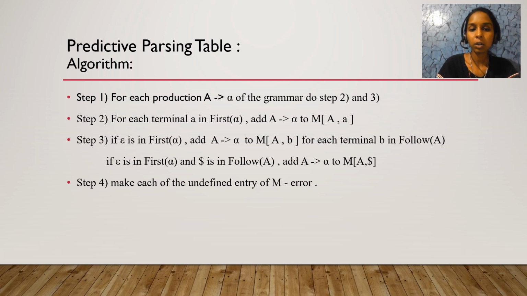If epsilon is present in first of alpha, then add A tends to alpha to M of A comma b for each terminal b in follow of A. If epsilon is present in first of alpha and dollar is in follow of A, then add A tends to alpha to M of A comma dollar. And make each undefined entry of M in the table an error. I'll explain this in detail in the next slide.